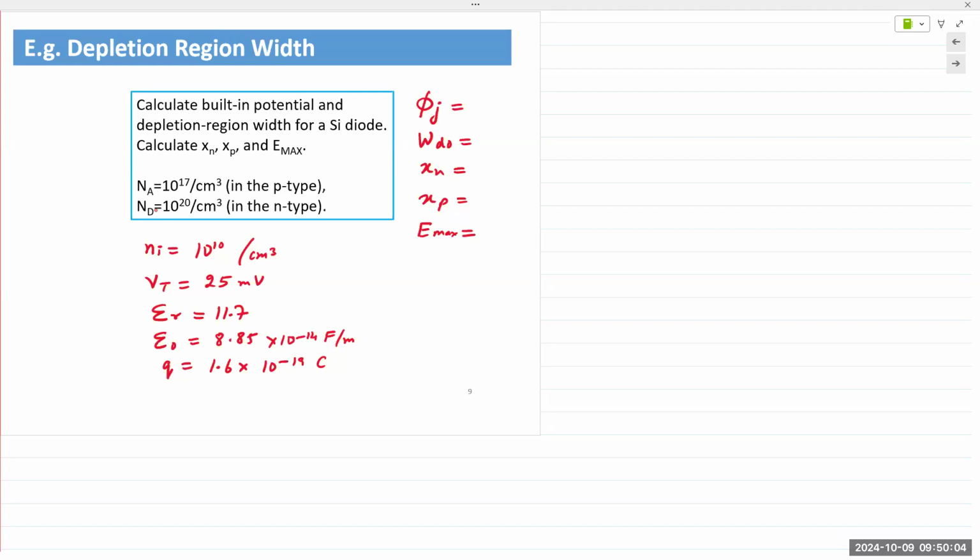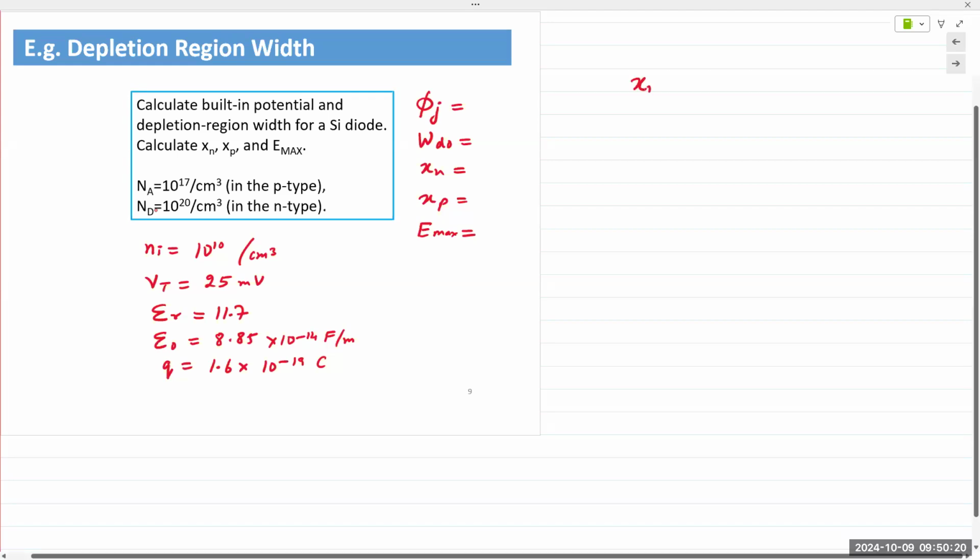Anybody have a value or answer for phi j? Anyone? Any values?